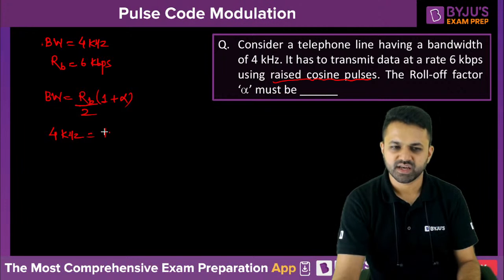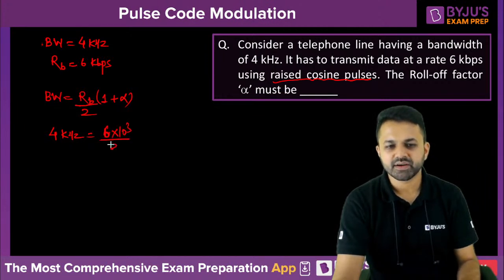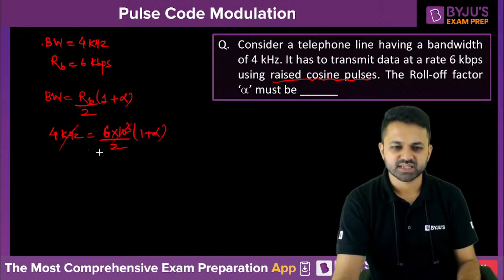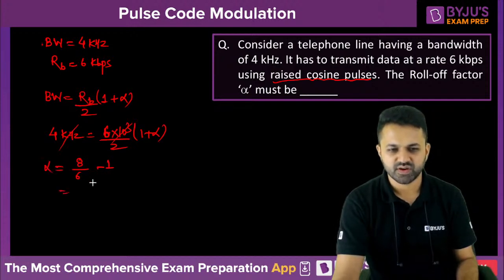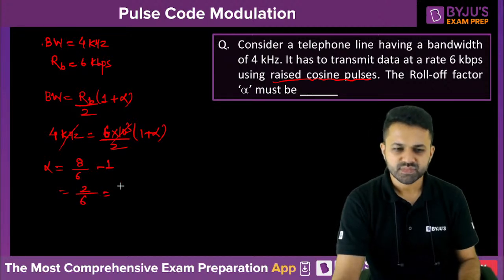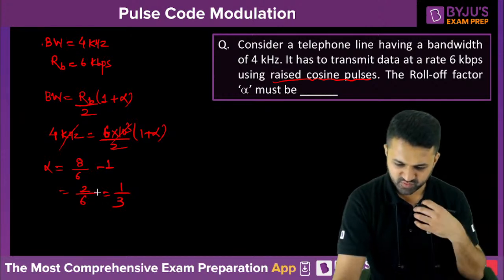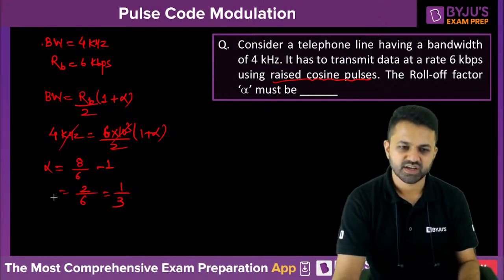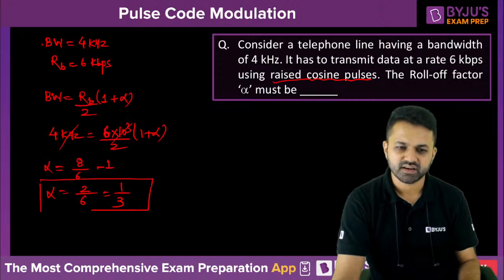So RB is 6 kbps divided by 2, times 1 plus alpha. So this 10 to the power 3 and this kilo will get cancelled, and we will have 8 upon 6 minus 1, that is nothing but the value of alpha. So this is 2 upon 6, right? So the value of alpha is 1 by 3. How many of you have got this answer? Yes, alpha equal to 1 by 3 is the correct answer.